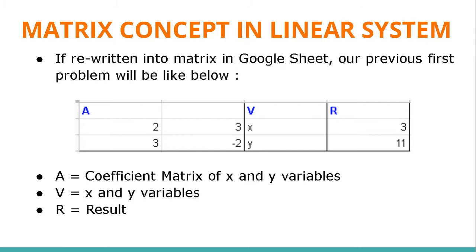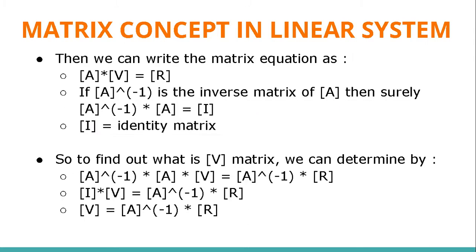So the first step, you need to understand the concept of the inverse matrix, where in our case, matrix A times matrix V equals R. A is the coefficient, V is the variable, R the result.